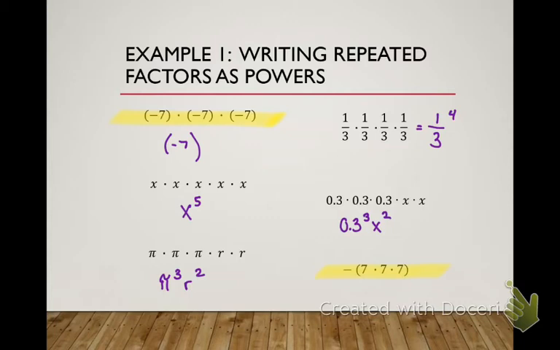3. Okay, so now what's the difference with the other one? There's only one negative outside the parentheses. So the actual repeated multiplication, is that negative? No. So the way that you write that, you write 7 to the 3rd, and then that is negative.